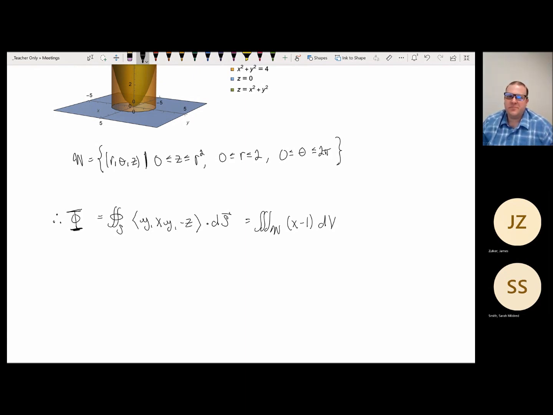Something we should have done alongside the problem. You can determine it just by graphing it and looking at it. I didn't here because obviously it's going to be closed, because it's in the set of divergence theorem problems. So clearly. The reason it's closed is because it's bounded below by the plane z equals 0 and above by the paraboloid. So there's no opening.